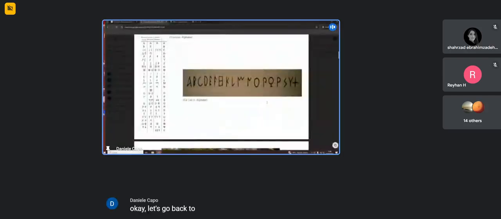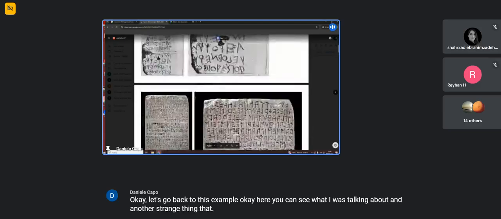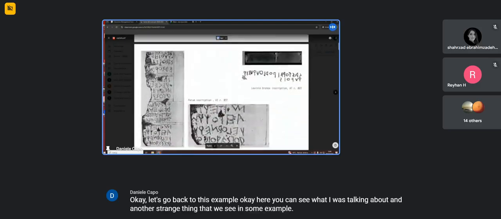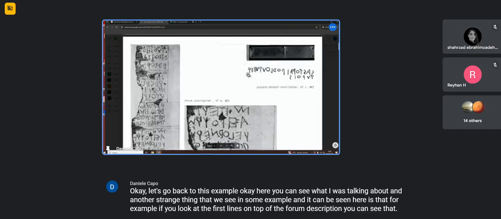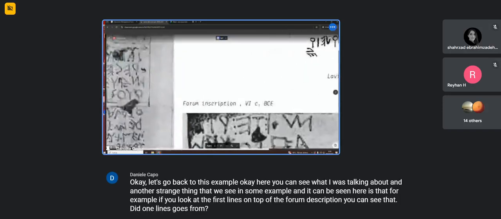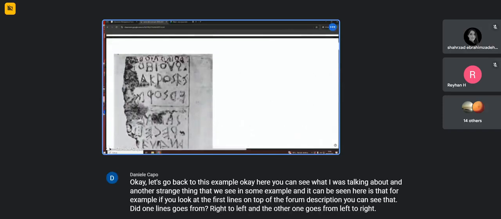Okay, let's go back to this example. Here you can see what I was talking about. Another strange thing that we see in some examples is that, if you look at the first lines on top of the forum inscription, one line goes from right to left, and the other one goes from left to right.